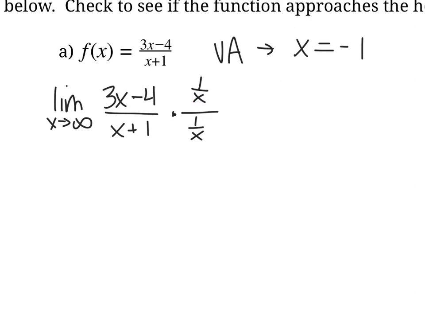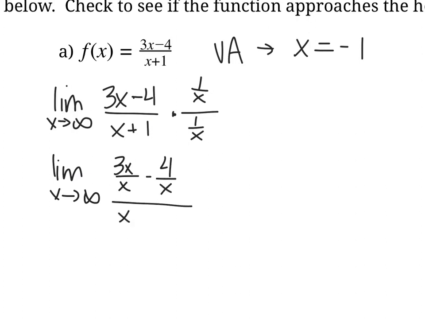So when we distribute those in, as x approaches infinity, we multiply each value by 1 over x. So 3x times 1 over x is going to be 3x over x, minus 4 over x, over x over x plus 1 over x.